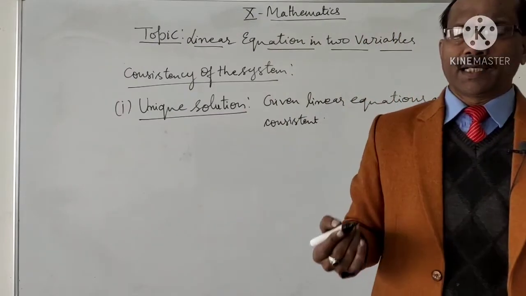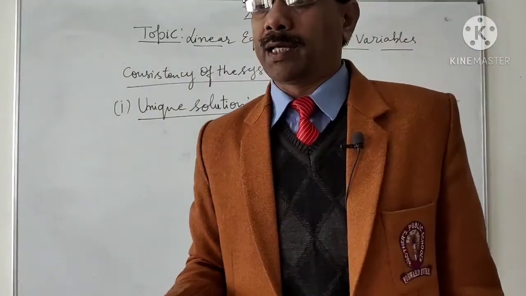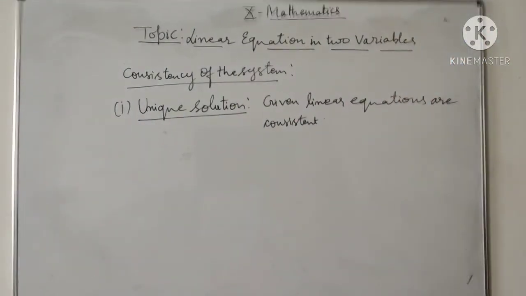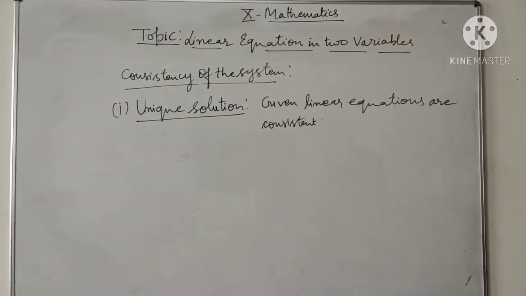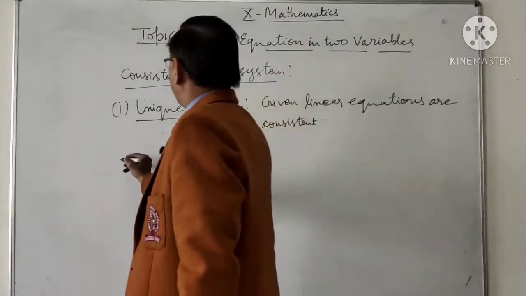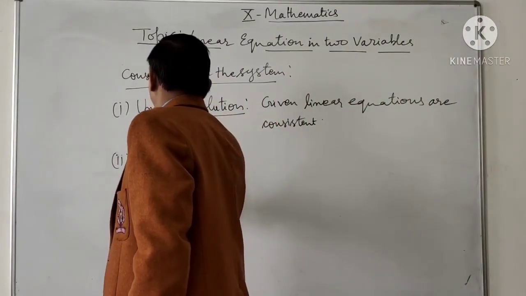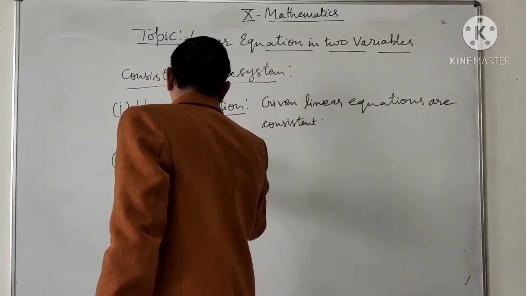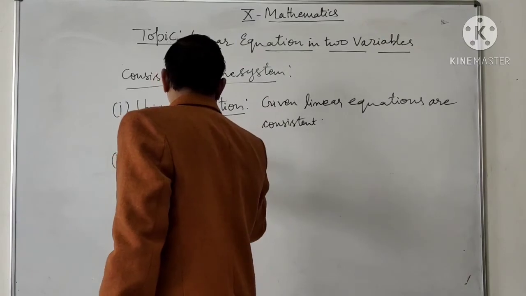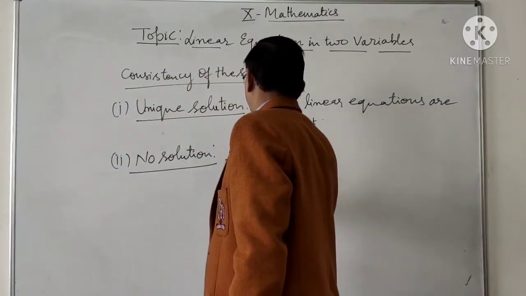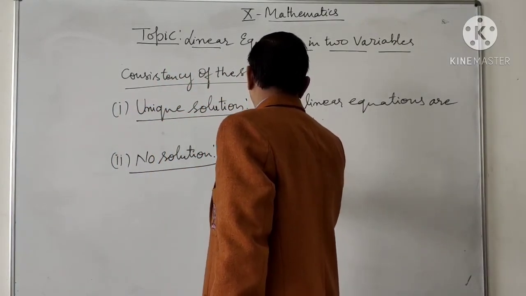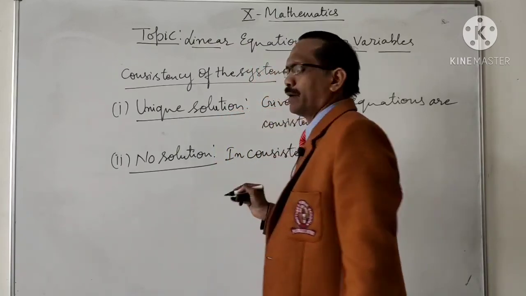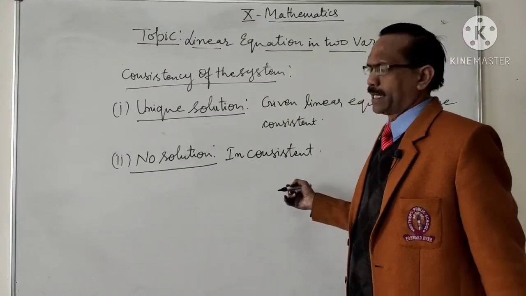When there is a solution, then it is said to be consistent. Second case, no solution. Then it is said to be inconsistent, because in this case we are not getting any solution.